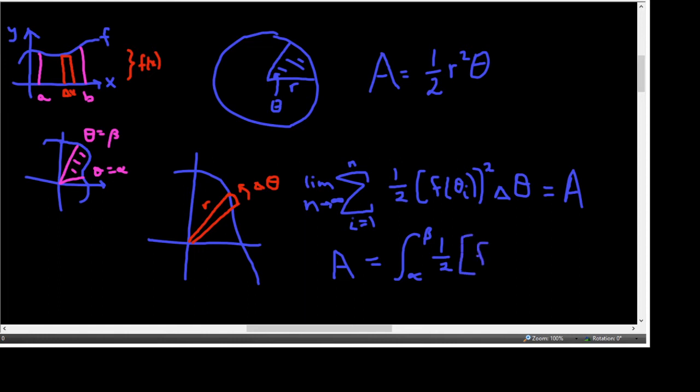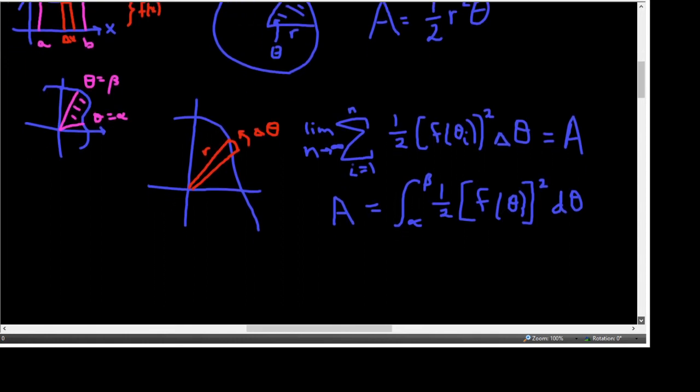The reason I paused there for a second is I usually write r here, but I'm trying to underscore the fact that r is a function of theta, squared d theta. And so that's our formula for area of a polar curve.